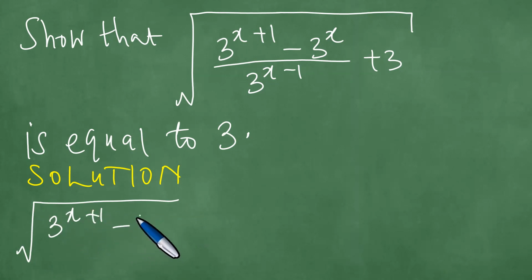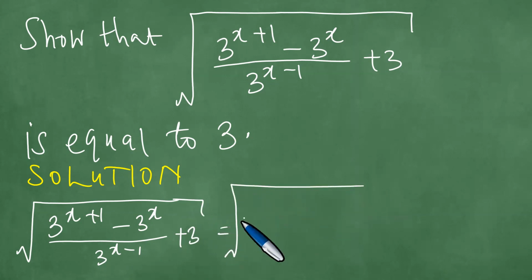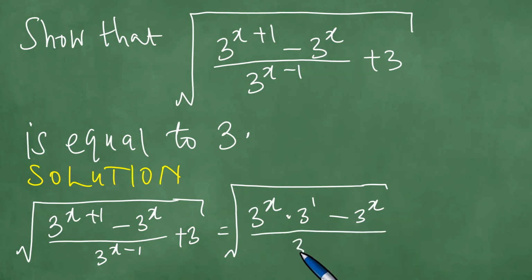Three to the power x plus 1 minus 3 to the power x, divided by 3 to the power x minus 1 plus 3. This is 3 to the power x times 3 to the power 1 minus 3 to the power x, divided by 3 to the power x minus 1, plus 3.